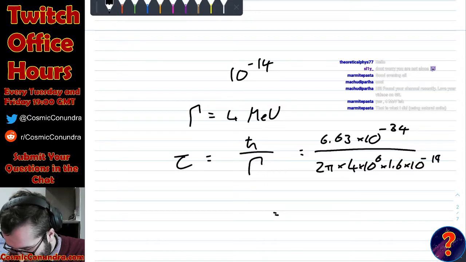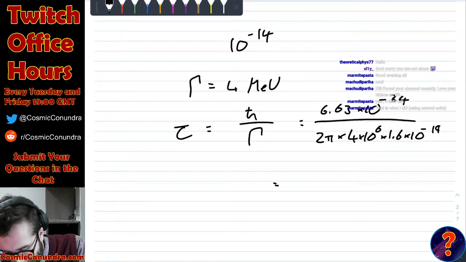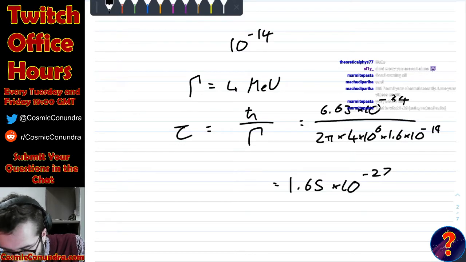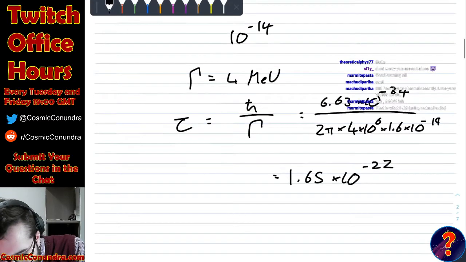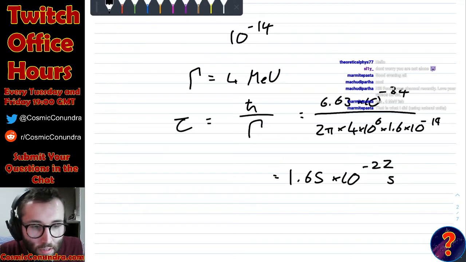So I get a decay time of about 1.65 times 10 to the minus 22 seconds. That's what you did. Oh, using natural units. Okay. So that's what I get for the decay time of the Higgs boson.